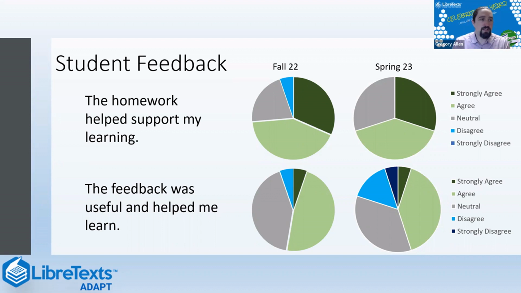To me, this is something that I need to reflect on in terms of using ADAPT and what type of feedback my students are getting with ADAPT. And I'll talk a little bit more about how we're changing ADAPT later on in the presentation.